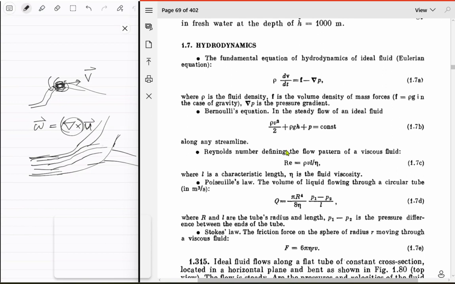So if you go along any streamline, and there's no viscosity, then in fact there's no way that you can have vorticity along the streamline anymore. So what it basically says is that if initially you had zero vorticity, then throughout the streamline you will have zero vorticity. So yeah, that's what it says.